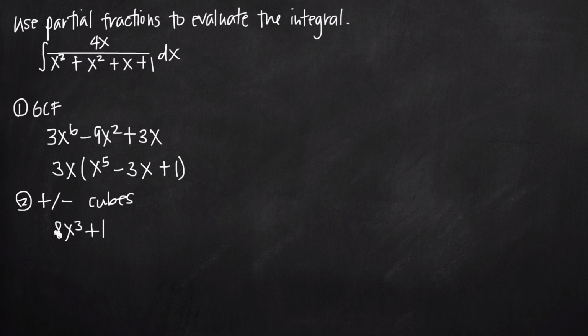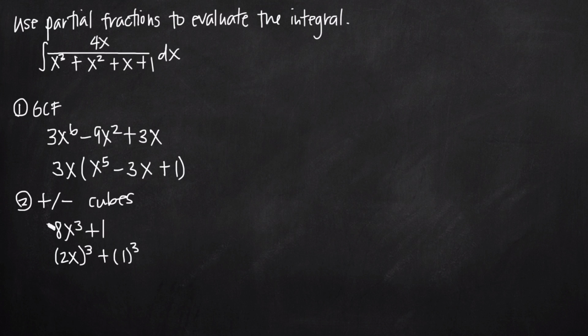In this case, both 8x cubed and 1 are perfect cubes, right? We can simplify this and say that this is 2x raised to the third power, and this is 1 raised to the third power, because 2x raised to the third, 2 times 2 times 2 gives us 8, and x to the 3 gives us x cubed, so we would get back to 8x cubed. So this is the sum of two cubes.